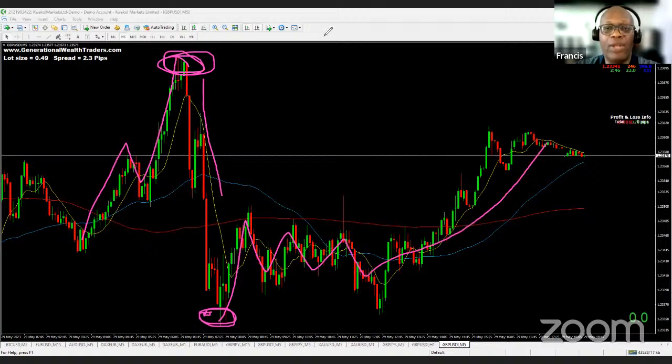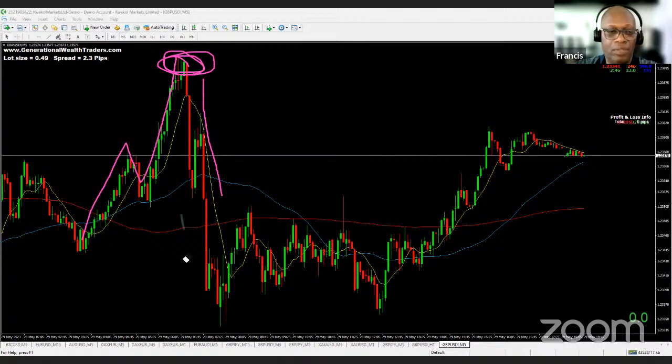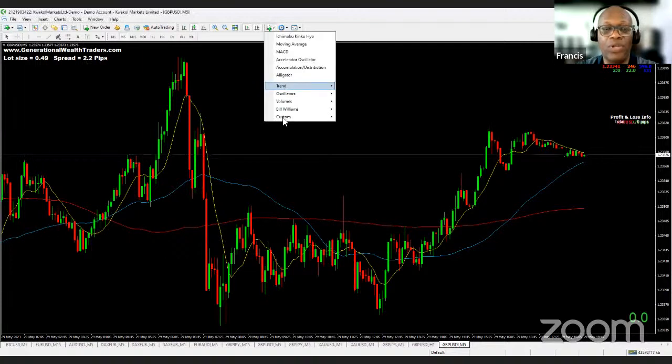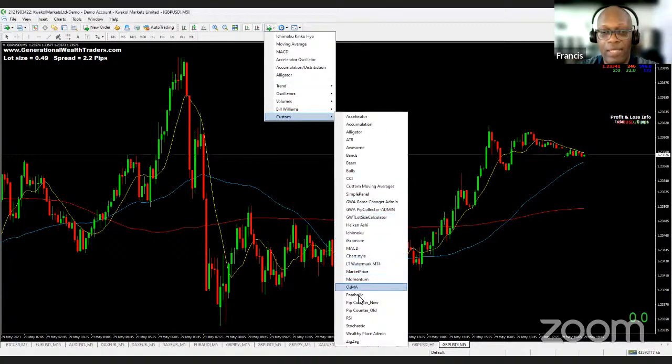Now, you might consider this a bit busy because it's got moving averages. If it was a naked chart, of course, it would look like this. A naked chart, like you all know, is basically when the market has no indicators on there.